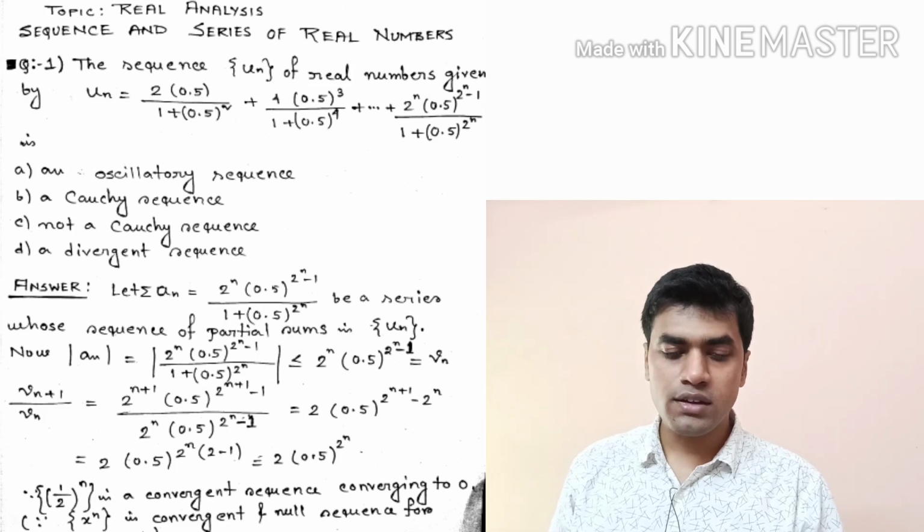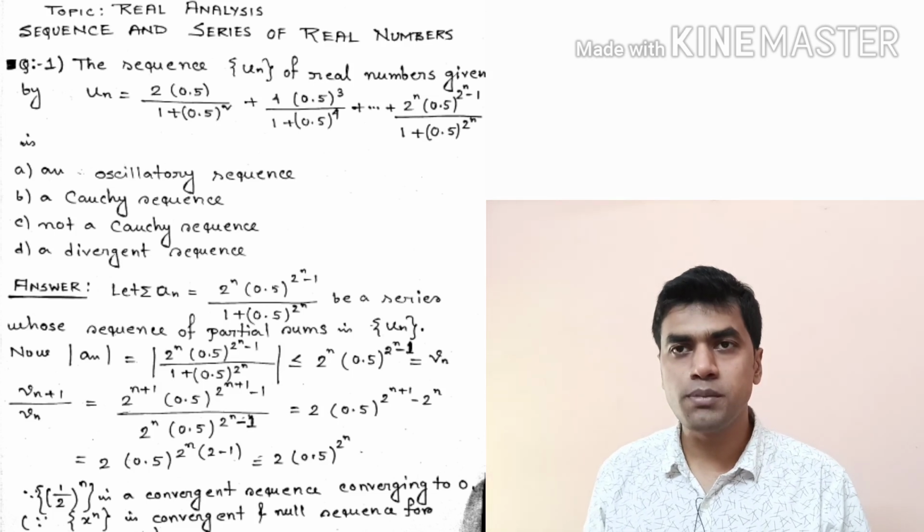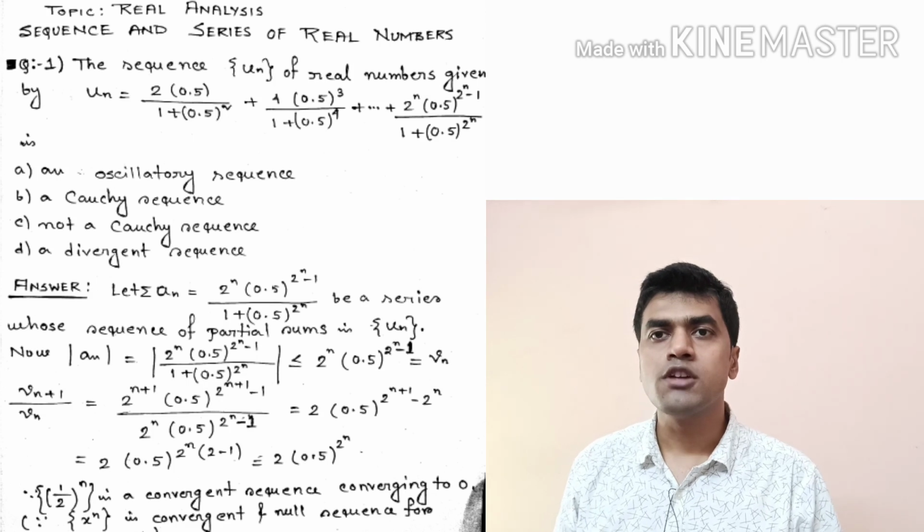That's why we are writing less than or equal to 2 to the power n 0.5 whole to the power 2 to the power n minus 1, which we have assumed as Vn.